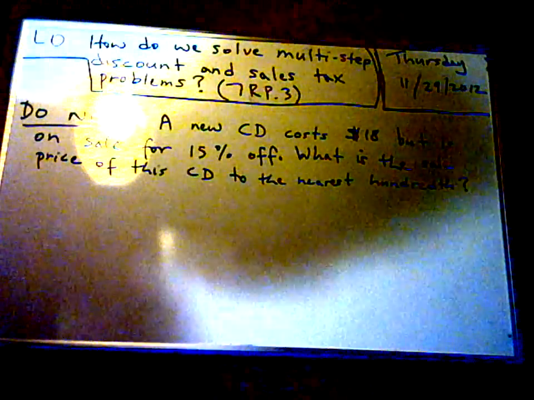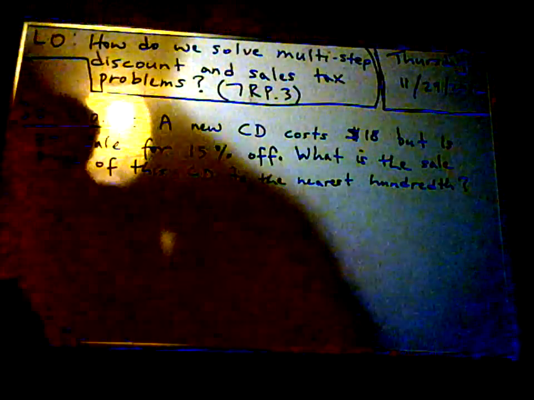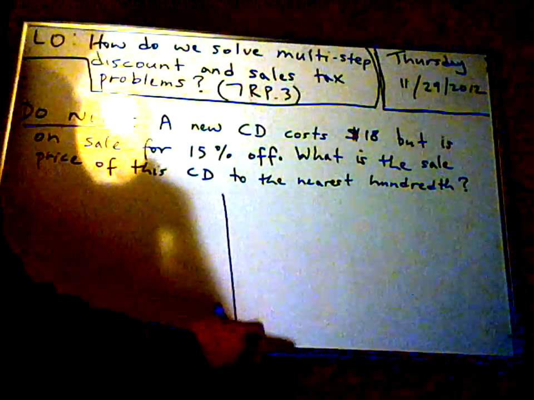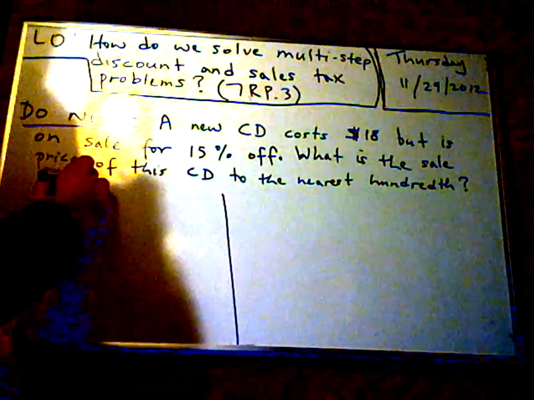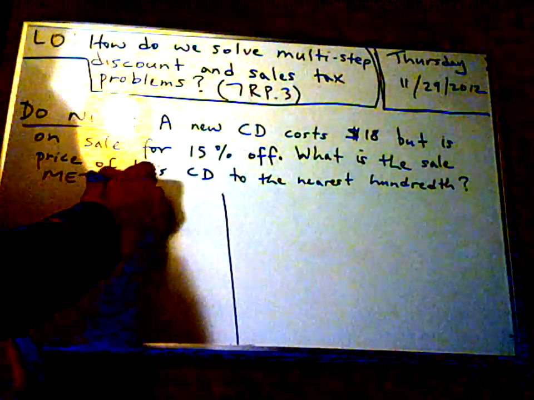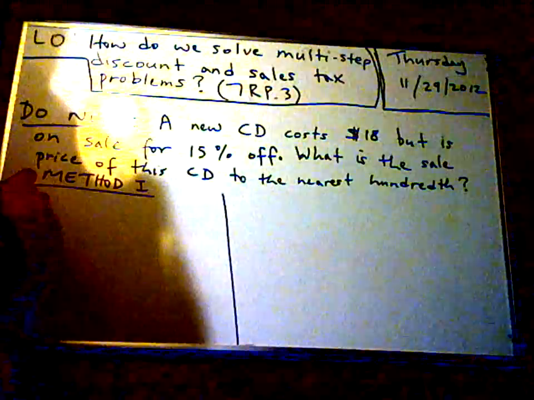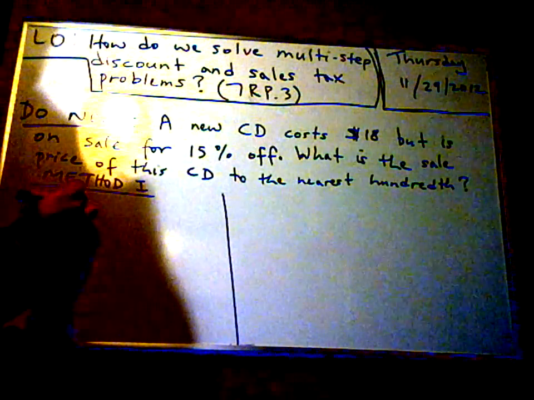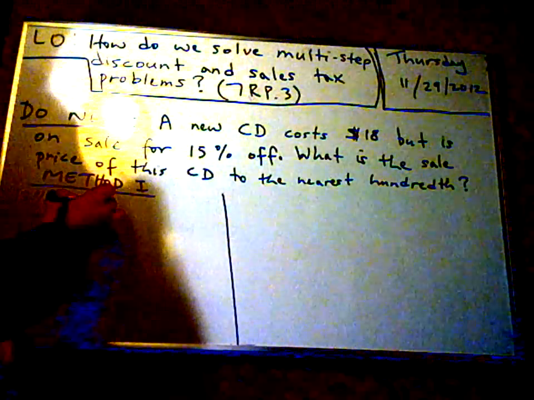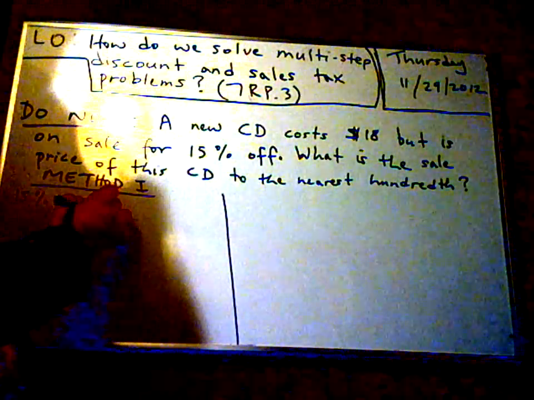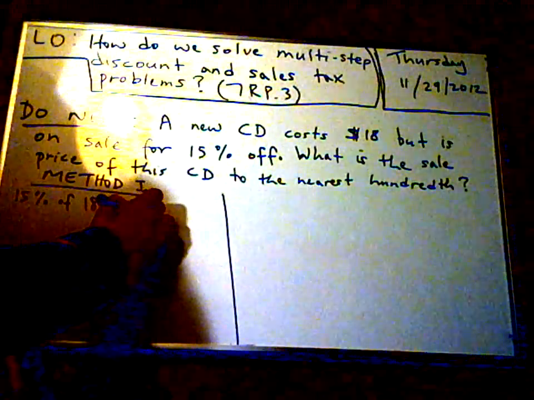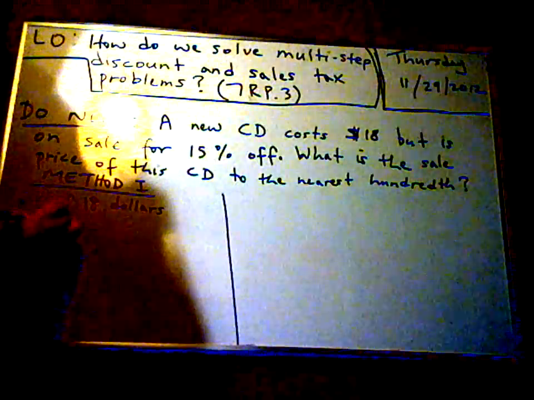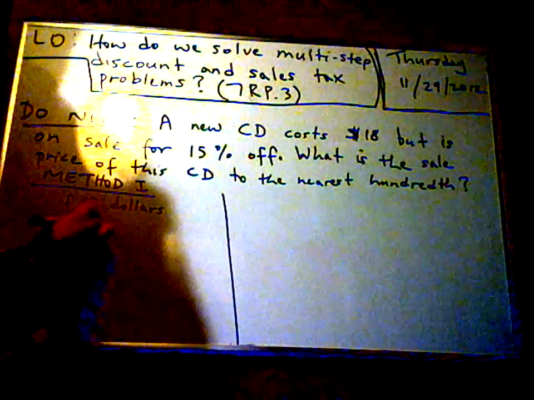Okay, so alright, so there are two ways of doing this problem. Two ways. So the method one, 15% off $18 equals 0.15 times.